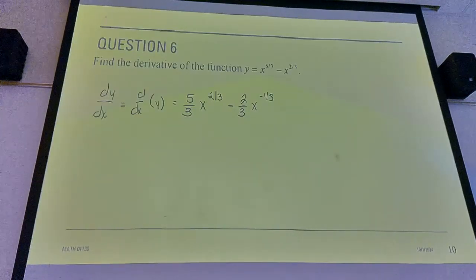What rules did you use? The constant also. Okay, that's one. The sum of the. That's two. Product rule? What was it? Power rule.